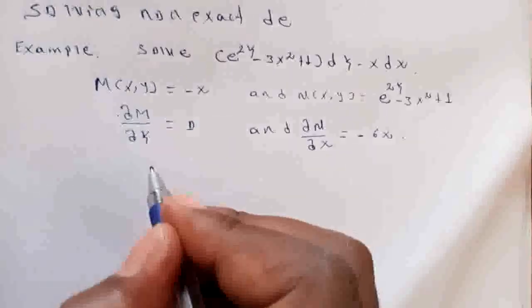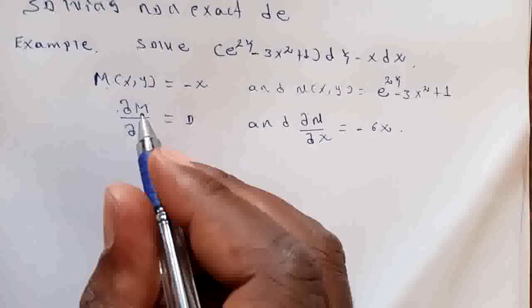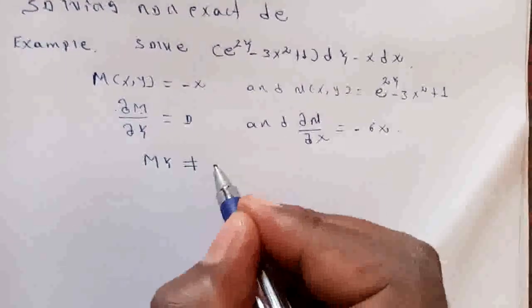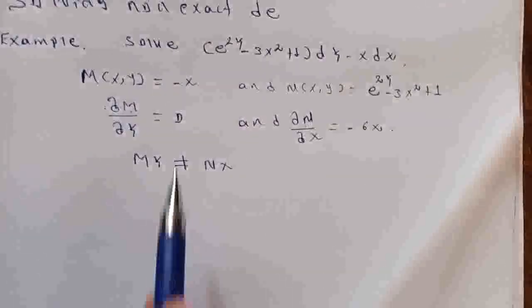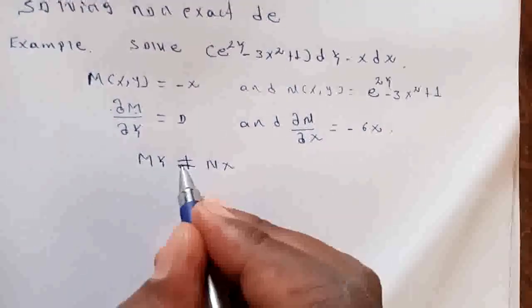Look here, M sub y, the partial derivative of M with respect to y, is not equal to N sub x, the partial derivative of N with respect to x, because 0 is not equal to negative 6x.